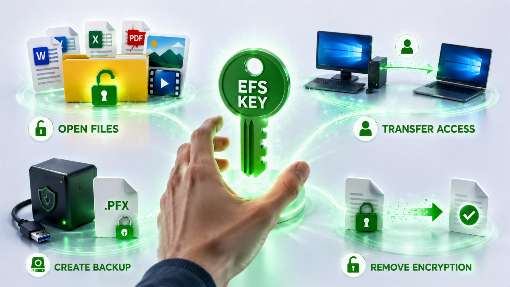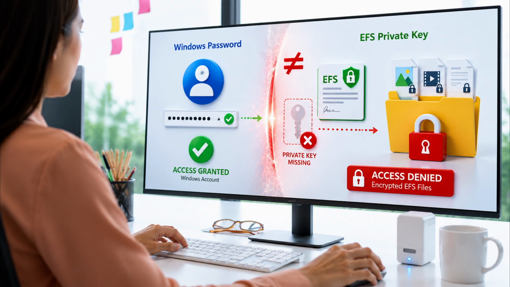An EFS key is required to access files encrypted via encrypting file system. Using it, you can open encrypted data, transfer access to another computer, create a backup copy of the certificate, or remove encryption from files. It is important to understand, without the private key, it is impossible to simply find out the password to an EFS file, crack it, or open the file using only the password from your Windows account.